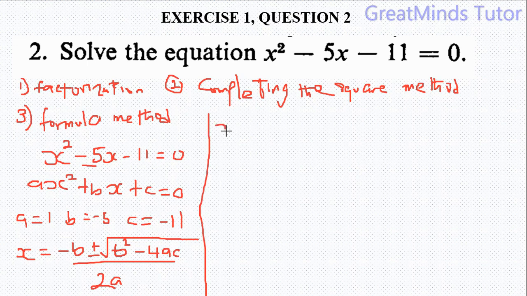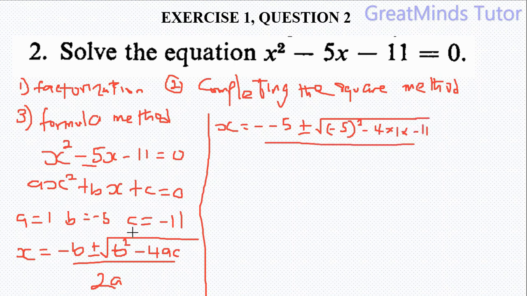We're going to have x equals negative b, and our b is negative 5, plus or minus the square root of negative 5 all squared minus 4 times a, our a is 1, times c, which is minus 11, divided by 2a, which is 2 times 1.